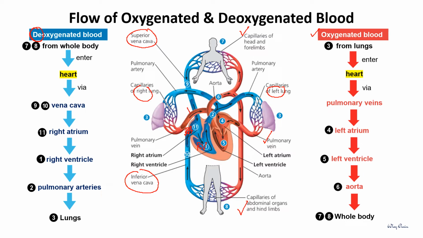The pulmonary vein is the only vein in the human body that carries oxygenated blood, and the oxygenated blood will be transported into the left atrium and pumped into the left ventricle, and the left ventricle will pump the blood into the largest blood vessel in the human body, which is the aorta, and the aorta will send the blood to the other tissues of the body.